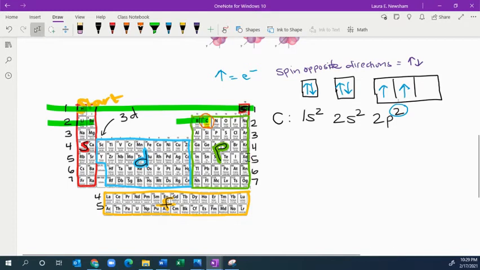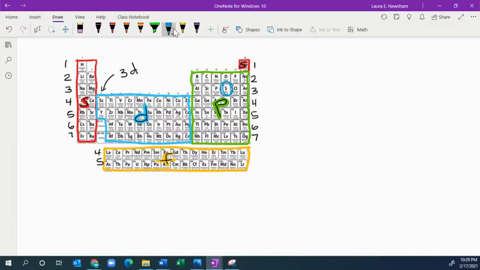So let's do another example. Okay, so sulfur. So we start at the beginning, 1s2, go through that whole row, go to the second row, 2s2, still haven't found good old sulfur, go through the row, still haven't found sulfur yet, so 2p6, 3s2, still no sulfur, 3p, 1, 2, 3, 4.